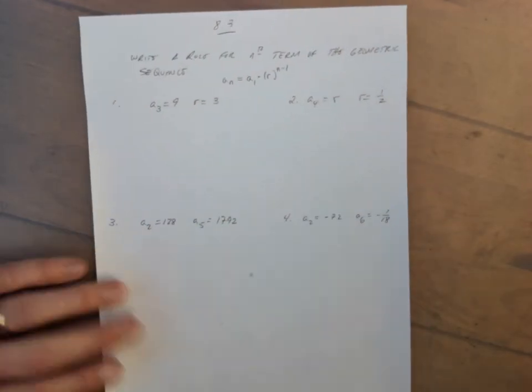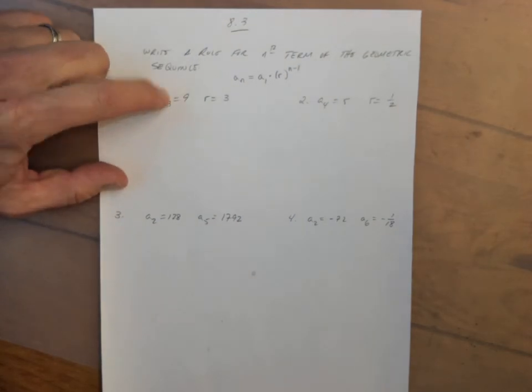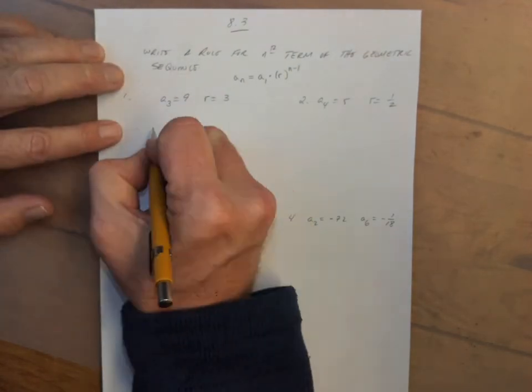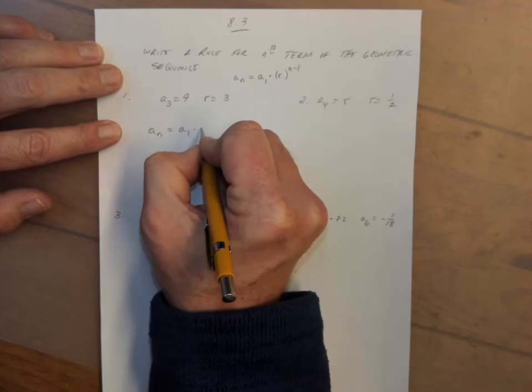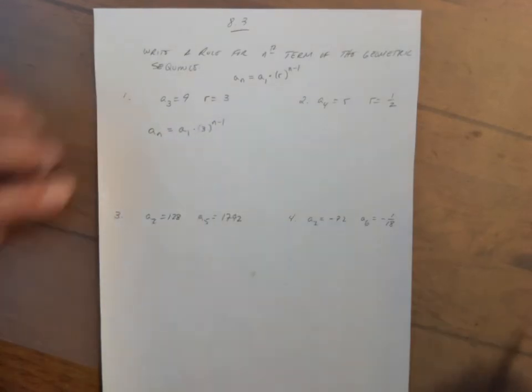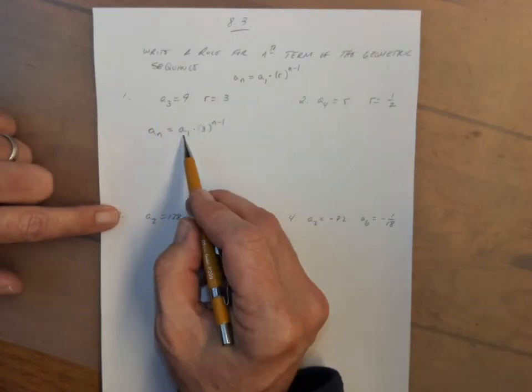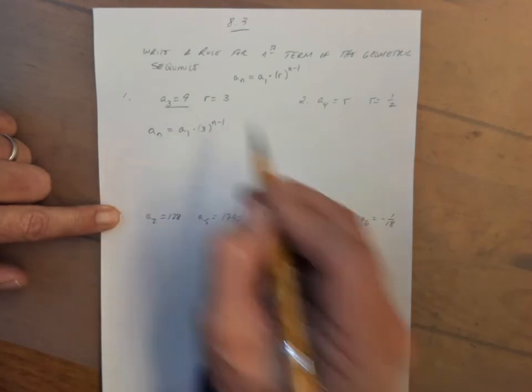All right. So notice here I'm given the third term, a sub 3, which is 9, and the common ratio. So I know a sub n equals a1 times our ratio raised to the n minus 1, and I need to solve for a1. So I need a value for a sub n and n, and that's where this information comes in.